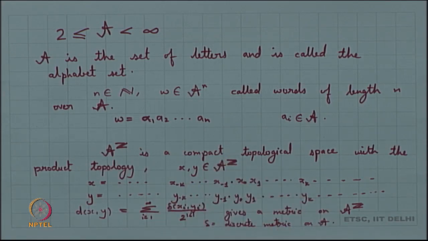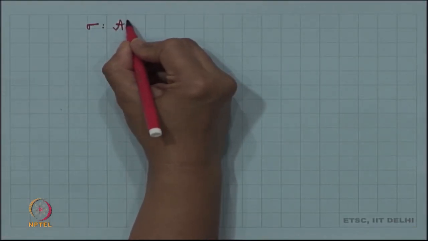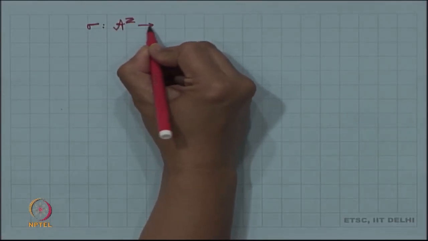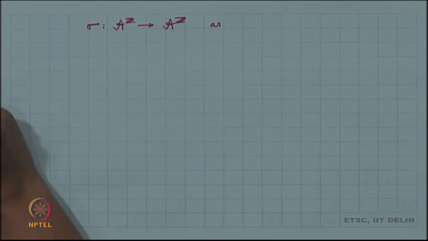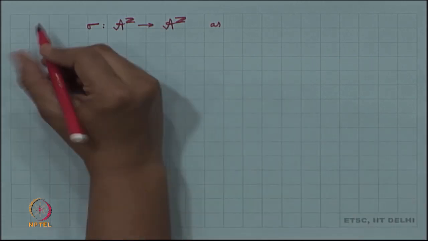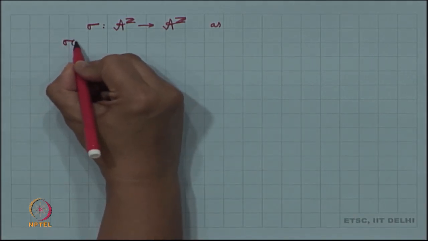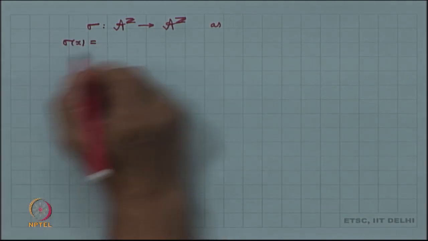Now we define some kind of a function on this A to the power Z. So, let us define this function sigma from A to the power Z to A to the power Z. We have already given x. So, what is our sigma x?